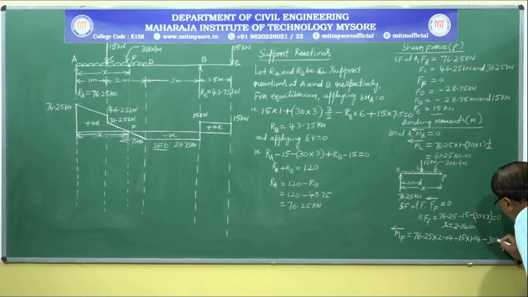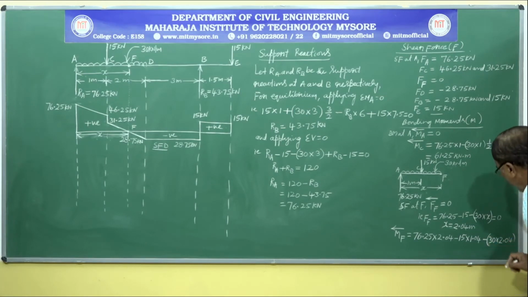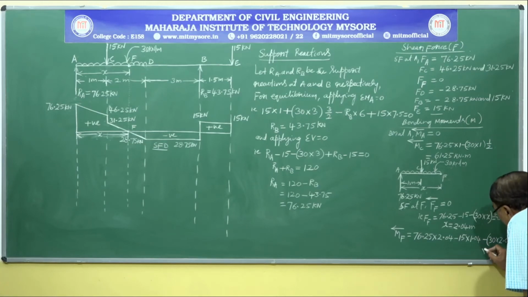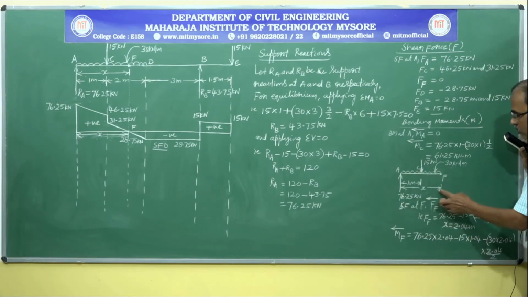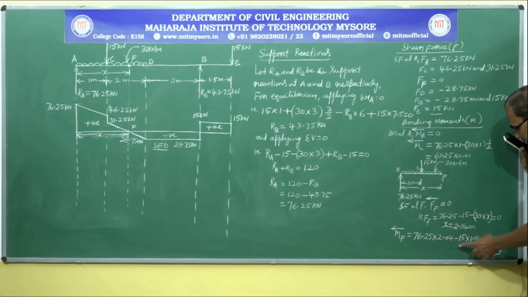30 into 2.04, and this is to convert UDL to a point load, into 30 into 2.04 by 2. This is distance. 76.25 into 2.04, distance calculated.